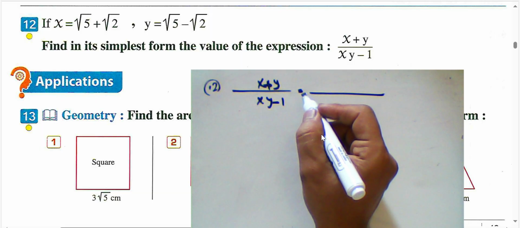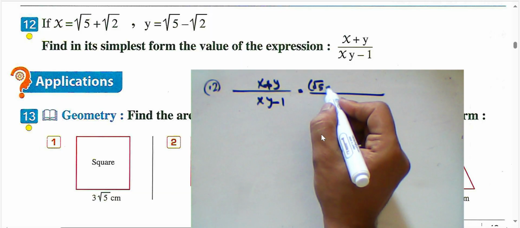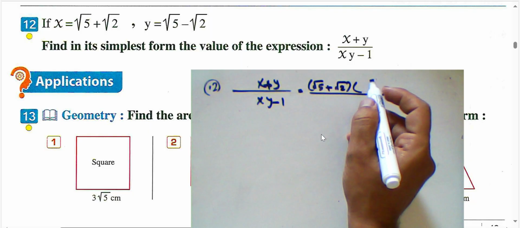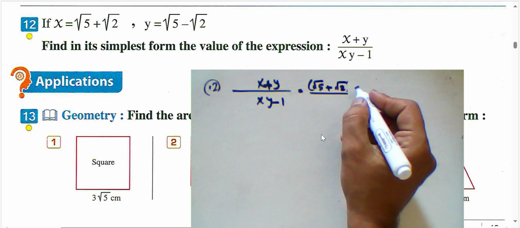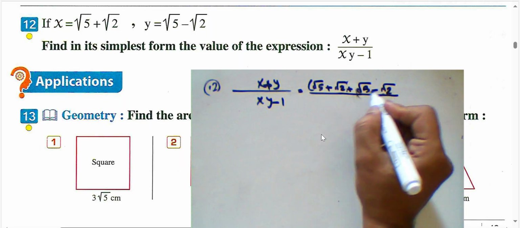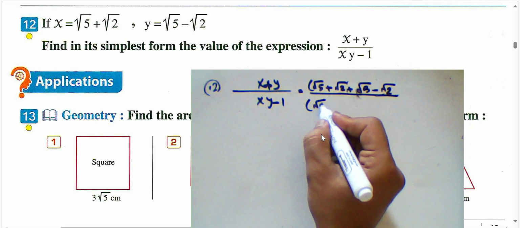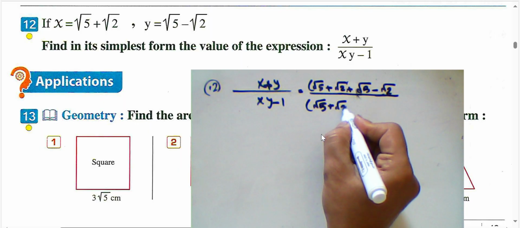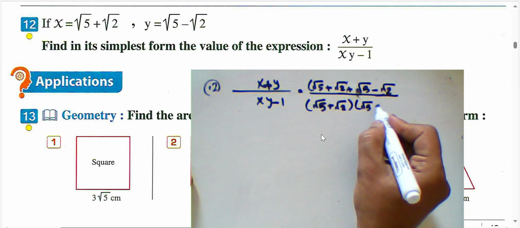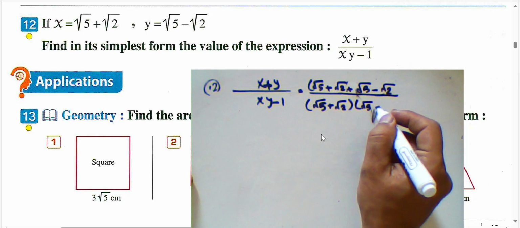We know x and y are conjugates. Here we write x equals root 5 plus root 2, plus y equals root 5 minus root 2. And in the denominator x times y, we have root 5 plus root 2 times root 5 minus root 2.